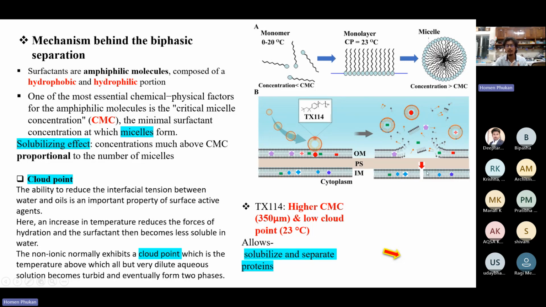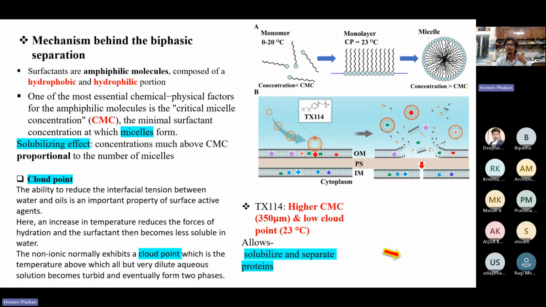At the same time, it can penetrate the inner membrane also, but because of the periplasmic space, it has very little access to penetrate the inner membranes, and it is unable to solubilize all inner membrane proteins. Because of this penetration, cytoplasmic proteins may come out, and they will get solubilized in the extraction buffer.